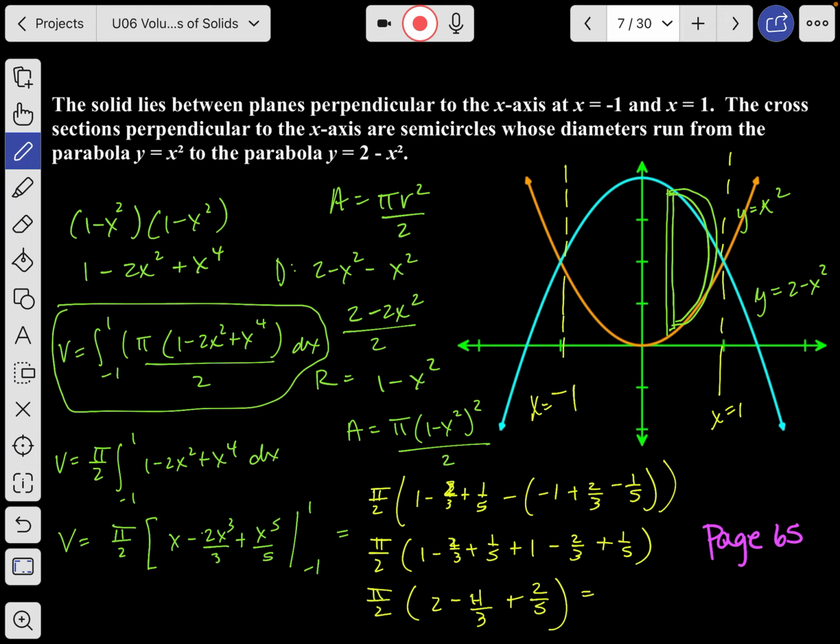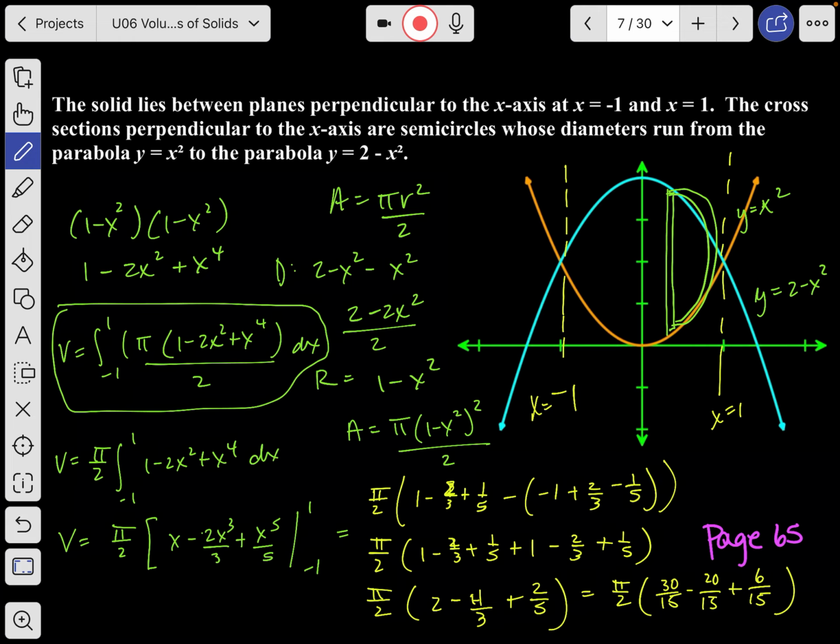All right, common denominator. You can leave your answer like this, but if you wanted to simplify, the common denominator would be 15, so pi over 2 times 30/15 minus 20/15 plus 6/15.